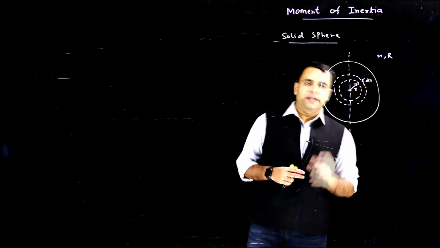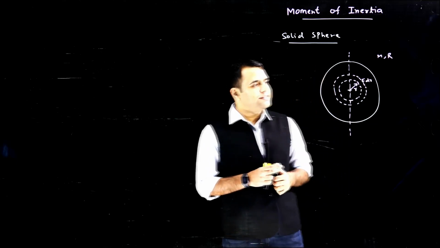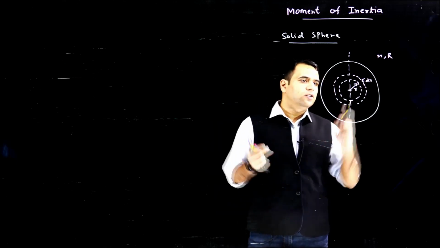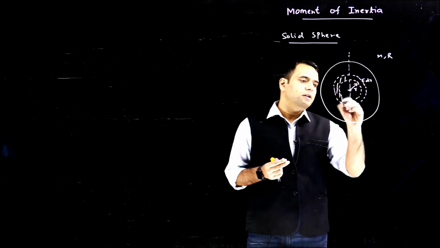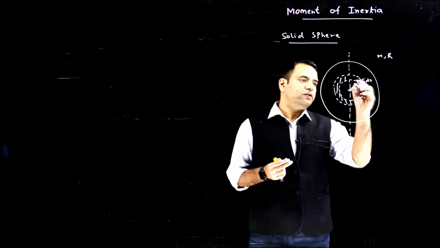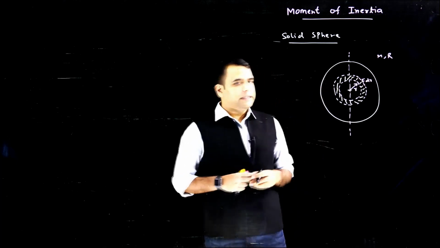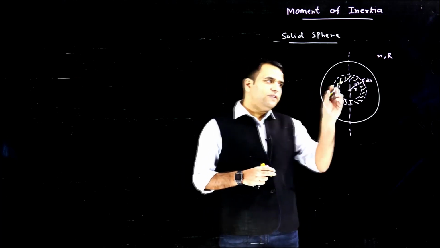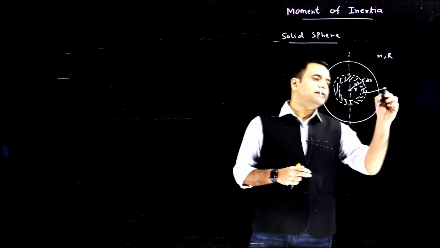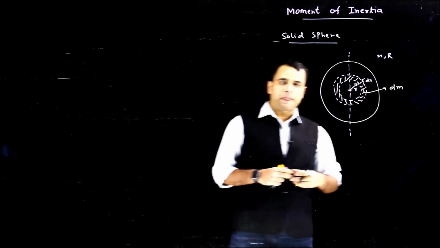So between these two spherical surfaces, I have my hollow sphere. Obviously this dr is very small, so we can assume this to be a hollow sphere. So this is my hollow sphere. The radius of this hollow sphere is small r, the width of this hollow sphere is dr, and the mass I define as dm, obviously.